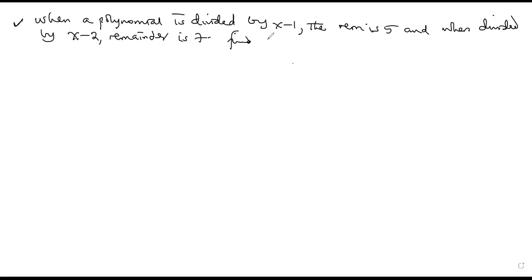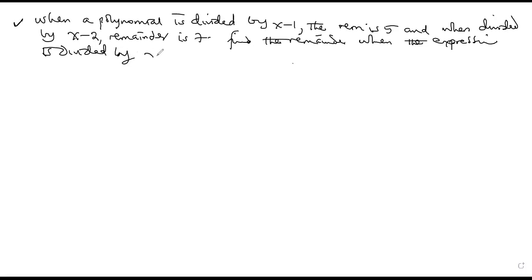Find the remainder when the expression is divided by x minus 1 times x minus 2.